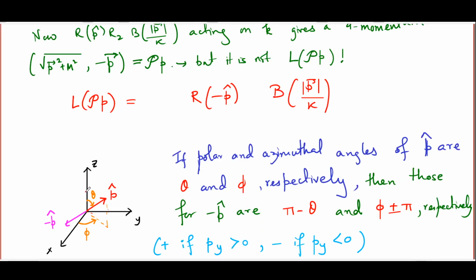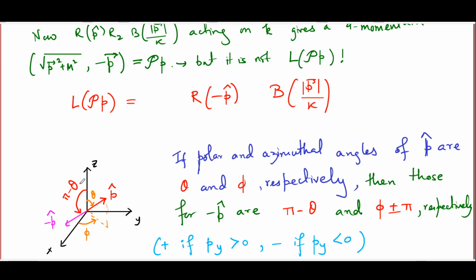For minus p hat, the polar angle is of course this one, which is pi minus theta. Now what about the azimuthal angle? You need to turn the xz half plane, which had to turn through phi to go through p hat, by an additional angle pi. So we usually say that the azimuthal angle for minus p hat will be phi plus pi. However, we have to be very careful here.